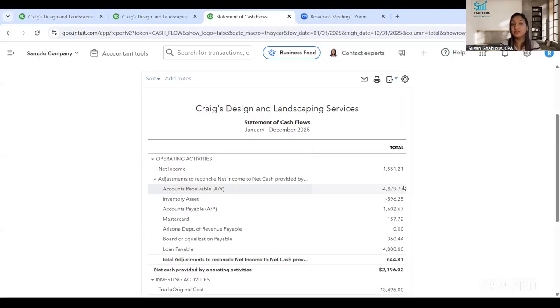Maybe I need to get on my billing and do more collections and so on. So there is a lot to talk about. Maybe in future presentations, we'll talk more about how to analyze these financial statements to get to where we want to be. Because this is, again, the starting point, but from there, we get to make decisions after analyzing and after knowing what will be best to do.